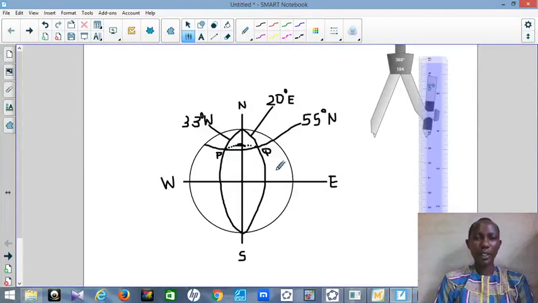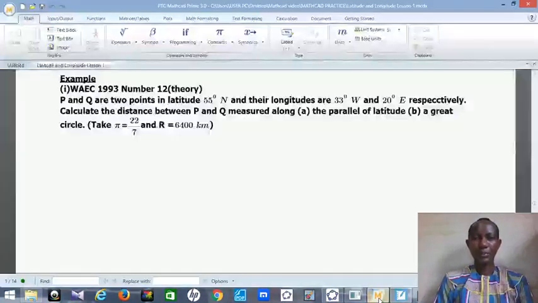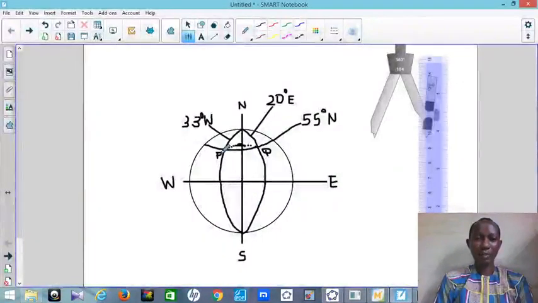So with this on your paper, it shows that you understand the question. This is what you draw as a solution diagram before you go to your solution page and solve. So to solve the first part A is very easy. Along parallel of latitude, you saw when I demonstrated it the other time. Just get the distance from P to Q along this parallel of latitude.